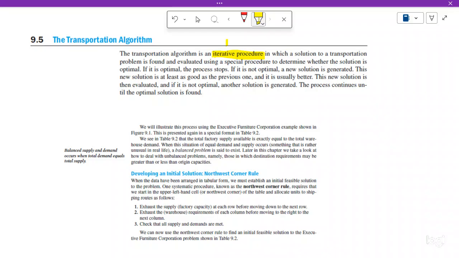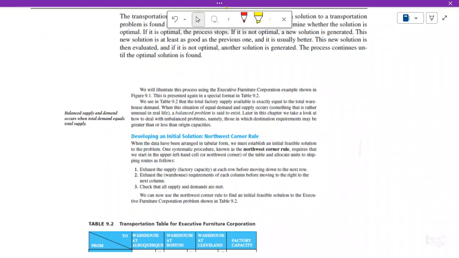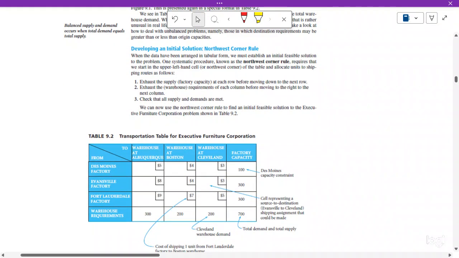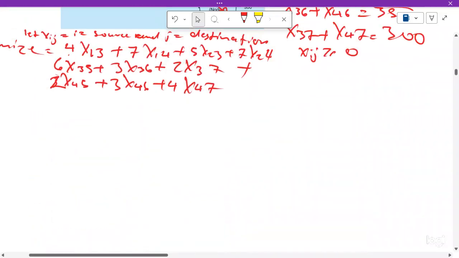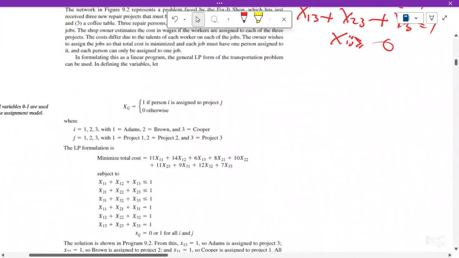So now, the Executive Furniture Corporation example shown in figure 9.1. Where's 9.1?